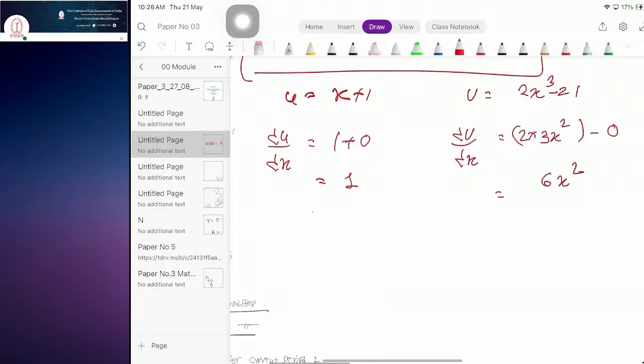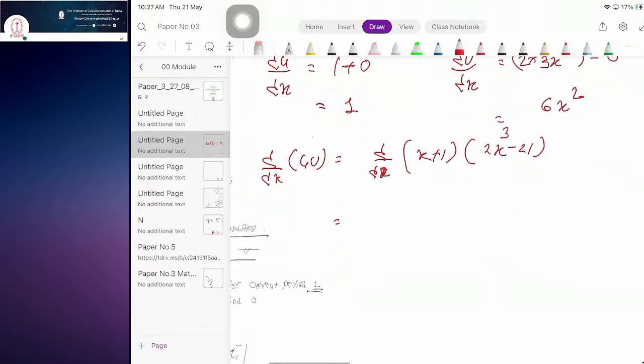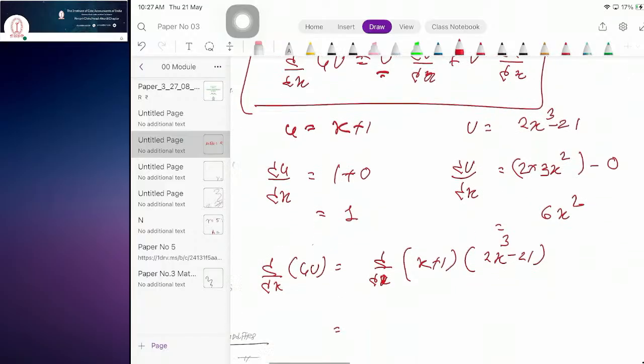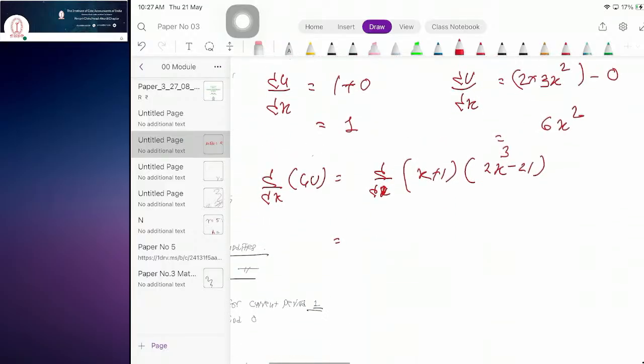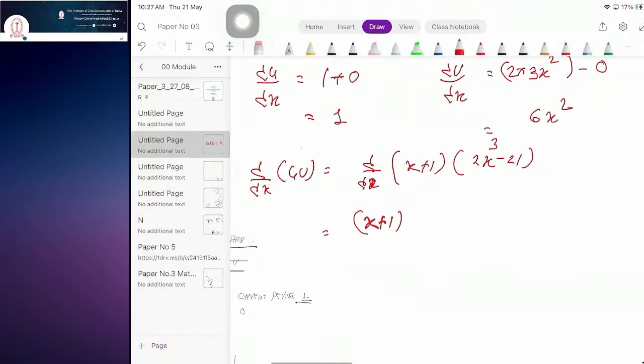Let's put these values in: d/dx of uv, where u is x plus 1 and v is 2x cube minus 21. By the rule, u as it is times dv/dx. U is x plus 1, into dv/dx, which is 6x square.